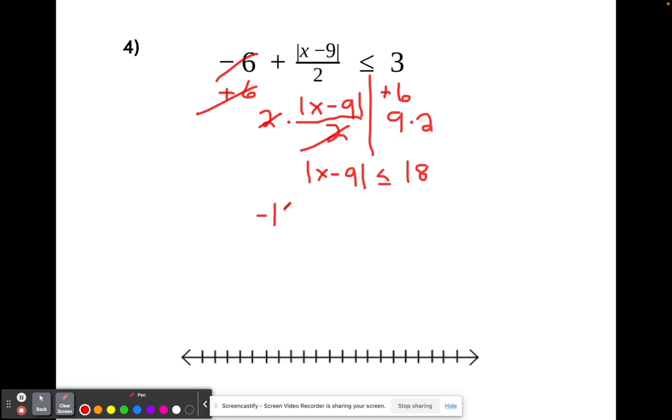I'll put my negative value on the left, my positive value on the right, my x minus 9 in the middle, and my inequalities both point to the left. Now I only have one step left to solve this, and that is adding 9 to everything.